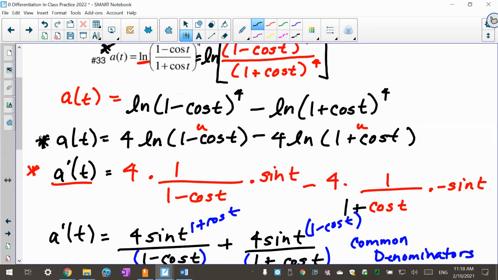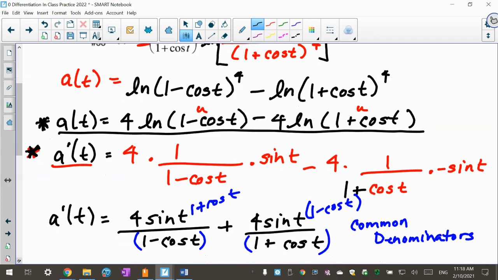So I got to here where I've actually come up with the exact same thing that we started with, but it's been expanded. From there, right here, I start doing the derivative, and I did 1 over u times u prime. So the 4 is there, 1 over u times u prime, 1 over u times u prime.